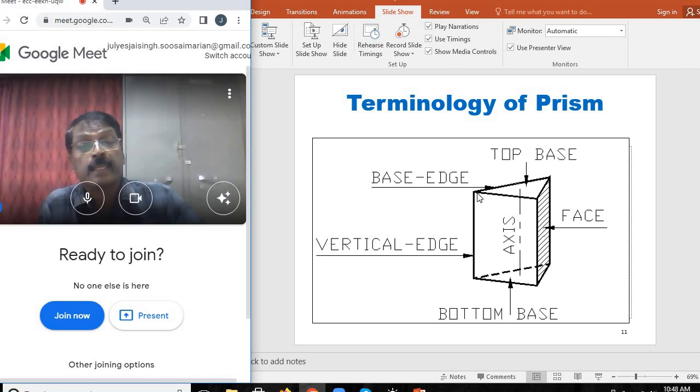If it is in the top base, it is top base corner. If it is in the bottom base, it is bottom base corner. An imaginary line connecting the centers of top base and bottom base is called axis. So for a regular prism, the axis should be parallel to the rectangular faces and perpendicular to the bases.